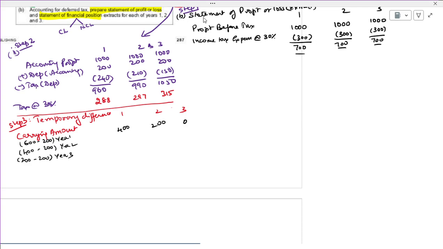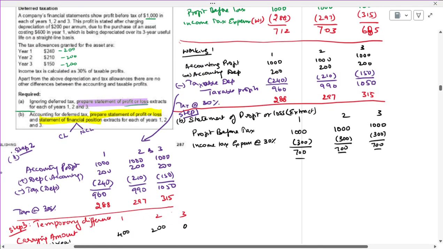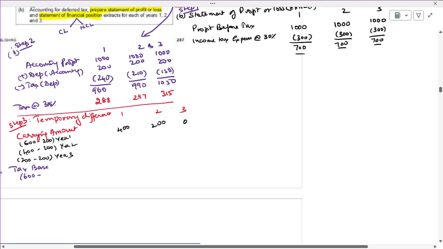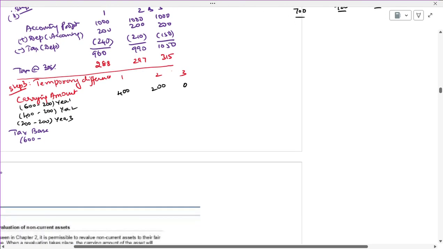Now, coming to the second case, what is the tax base? How much is the amount? 600. Now you have to deduct the taxable allowances granted to the asset. How much taxable allowance have they given? It is 240. You will get 360.